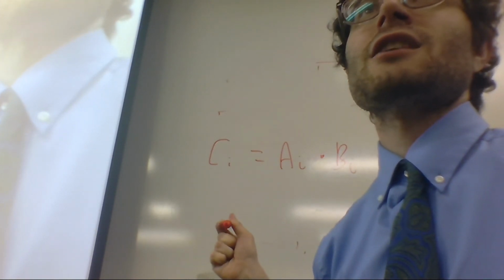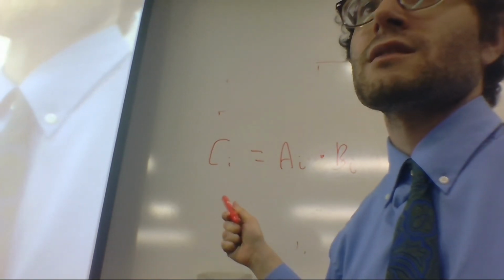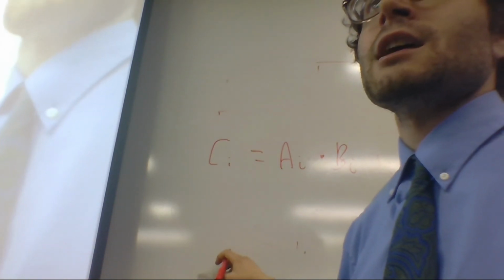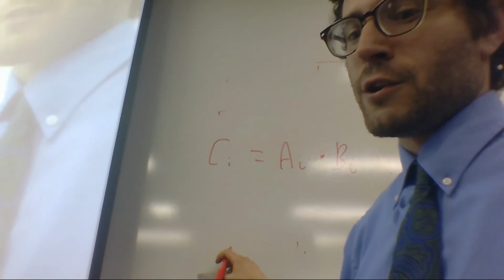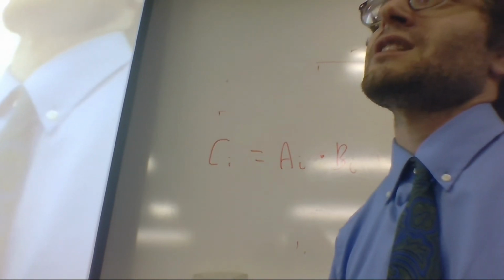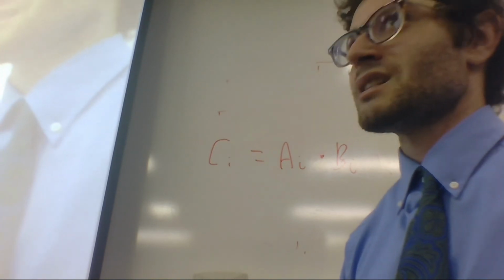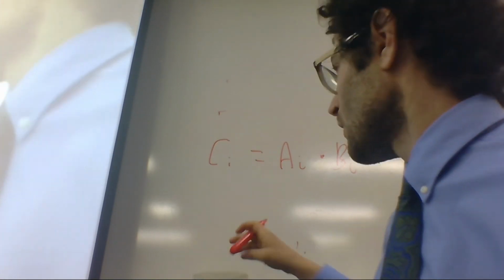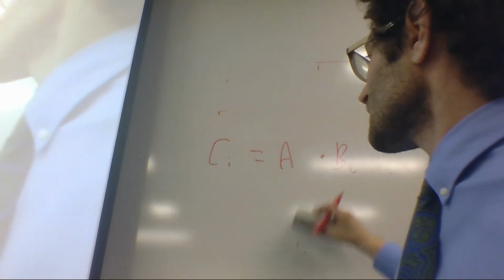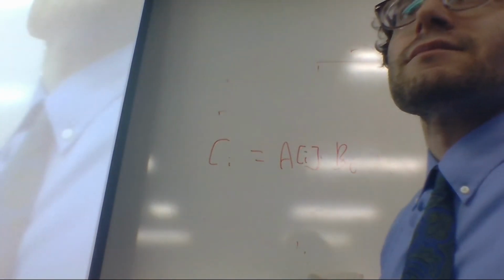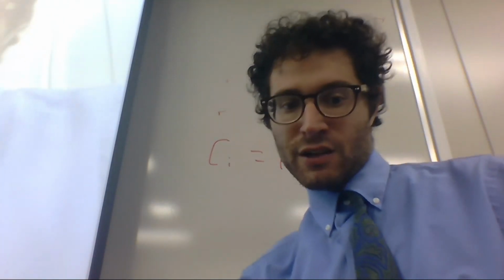Everybody's seen that kind of notation, A sub i times B sub i. Unfortunately, on your computer, you can't really do the sub notation easily, and you couldn't when most coding languages were designed, back when ASCII was default. So they said, we can't really use underscores, so instead we're just going to use brackets to denote a sub notation.